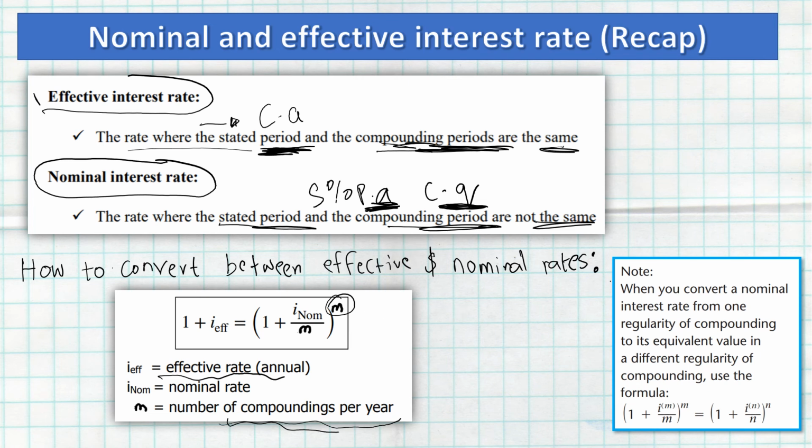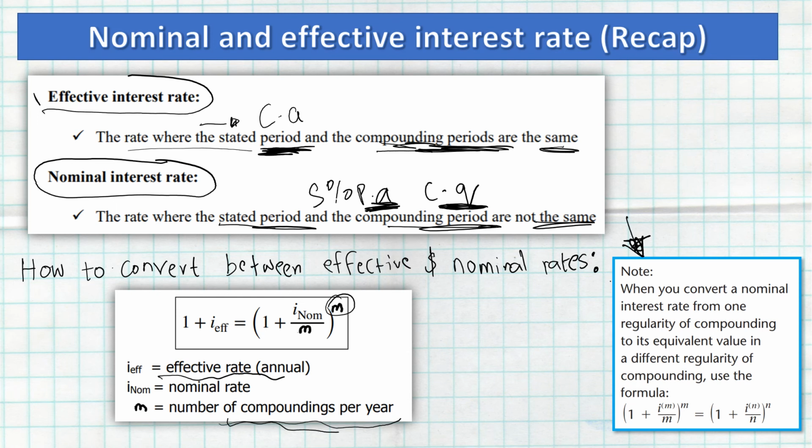Okay, very, very important also, note when you convert a nominal interest rate from one regularity of compounding to its equivalent value in a different regularity of compounding. That is, if you want to convert between a nominal interest rate and another nominal interest rate, there's a formula, right?